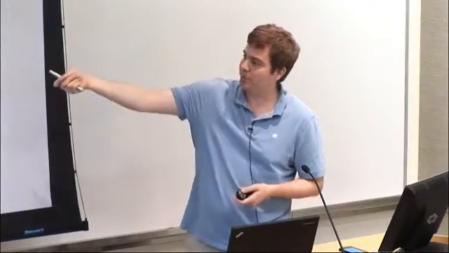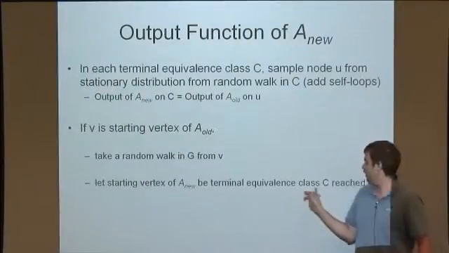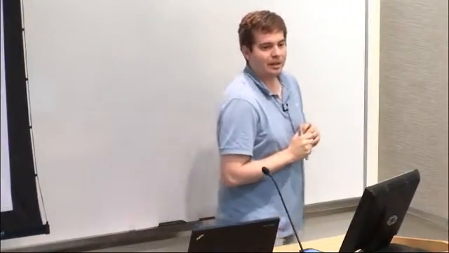We get to some terminal equivalence class, and we let the starting vertex of the new automaton be the terminal equivalence class C that we got to from this random walk. So we defined the starting vertex and the output of each terminal equivalence class. So we've basically characterized the new automaton: we take an old automaton, and we get this new automaton.